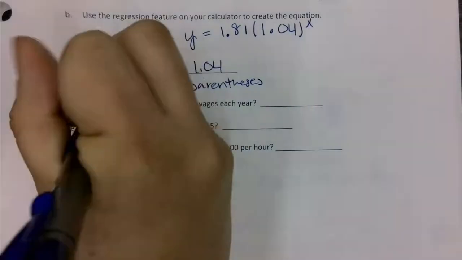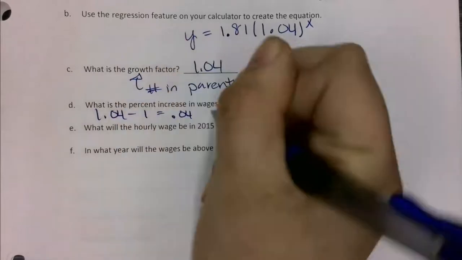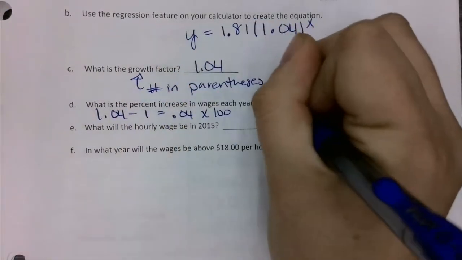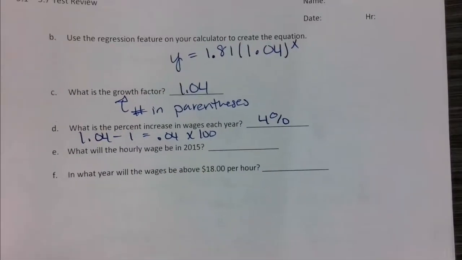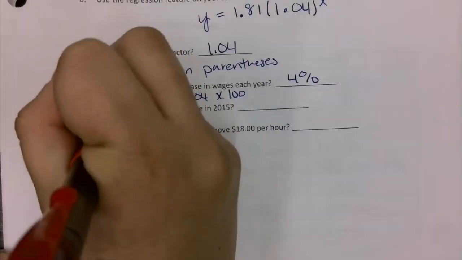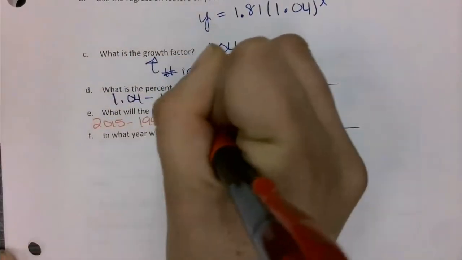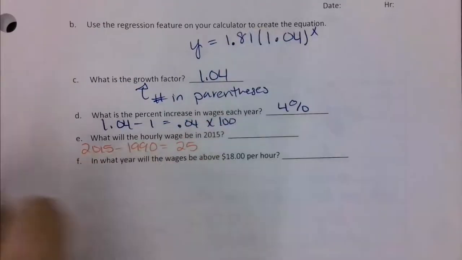The percent increase, I take the 1.04 minus 1, which gives me 0.04, times 100, which is 4%. It's asking me hourly wage in 2015. Let me check. The graph was measuring since 1990, so I want to do 2015 minus 1990, which gives me 25. I'm going to plug in 25 in for my x at this moment.